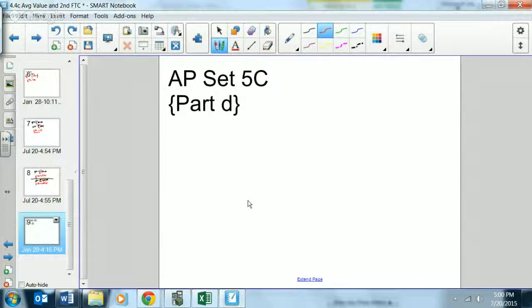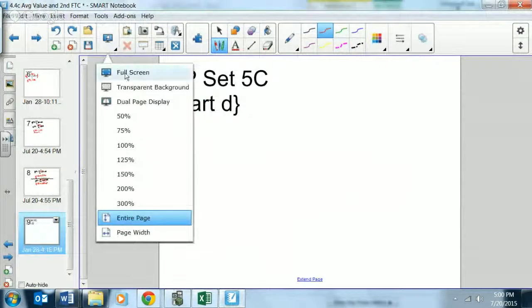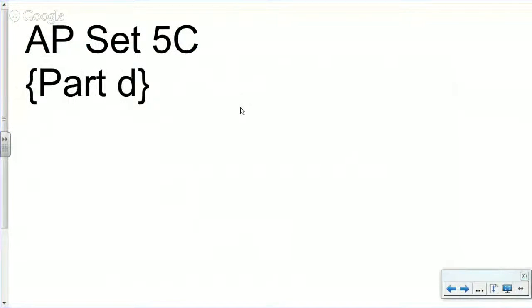Okay, so A of t, the amount, is actually going to be final equals start plus change, because we started with how much gravel? We started with 500, right?